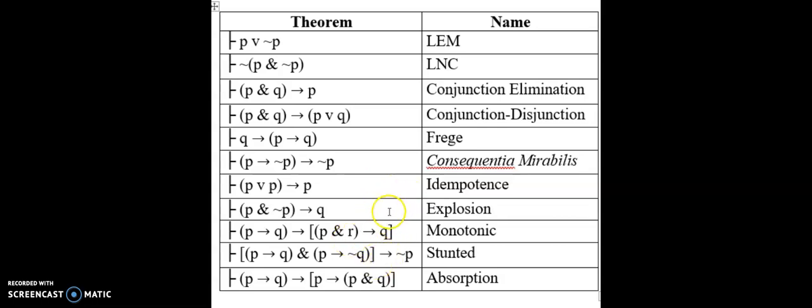But let me talk about explosion for a second. Explosion is a very famous theorem, and what it shows you generally is that if a contradiction is true, if P is both true and false, then anything follows. And one of the homework problems has you prove this as a theorem of logic, okay? So it's a good reason to ban contradictions from our logic, right?